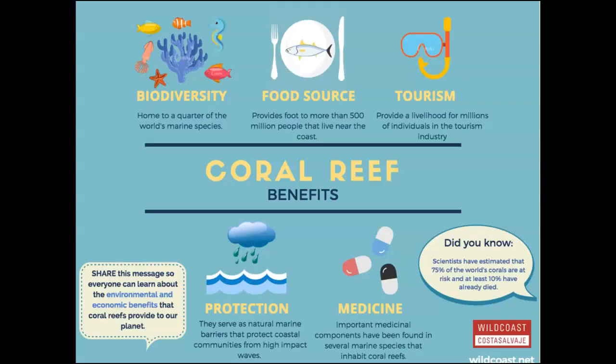If you look at coral reefs, they provide all of these things: medicine, tourism, food, biodiversity, protection. So as the corals die, a lot of the species on Earth die, as well as the protection of the land from storms. 75% are at risk, and 10% have already died. It's one of the great threats of our time.